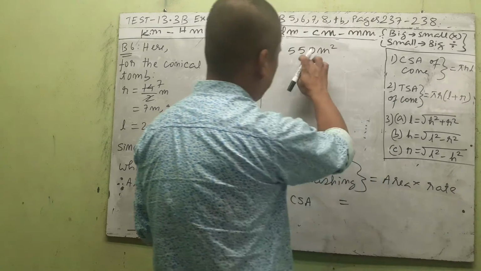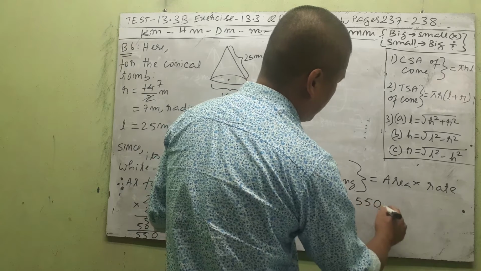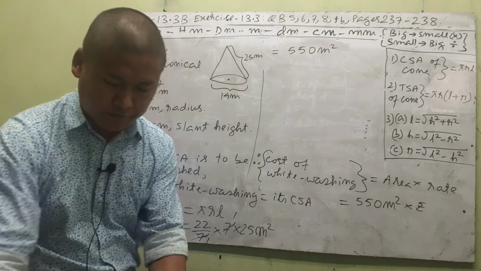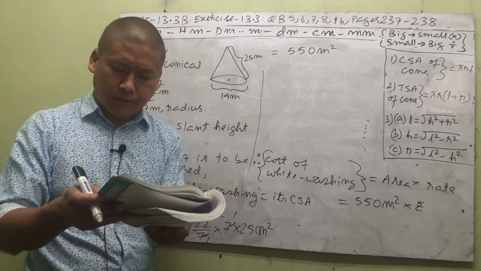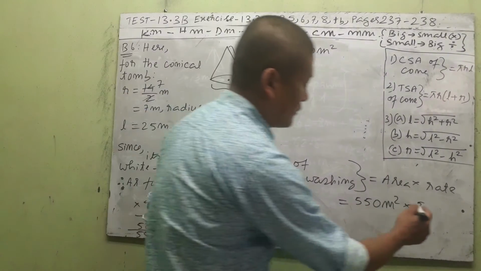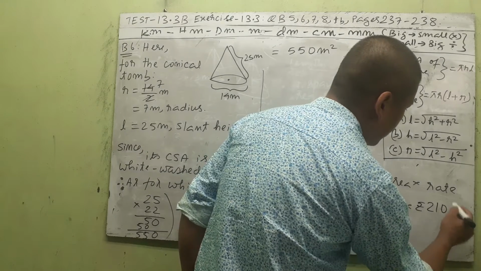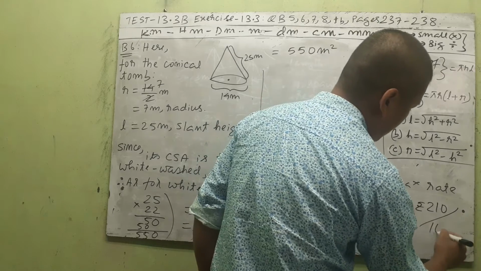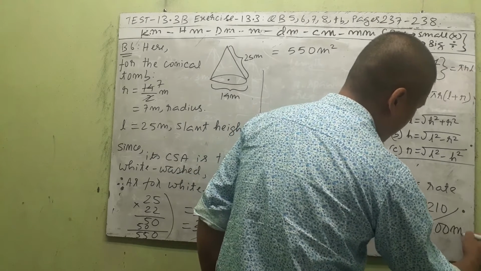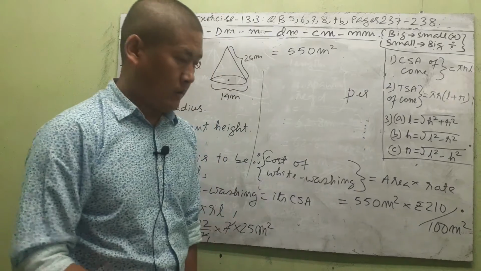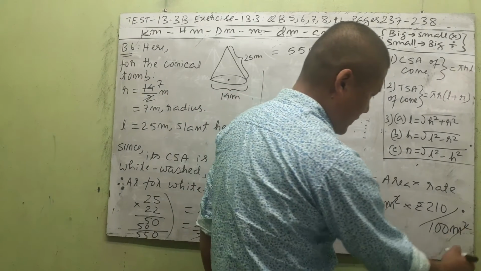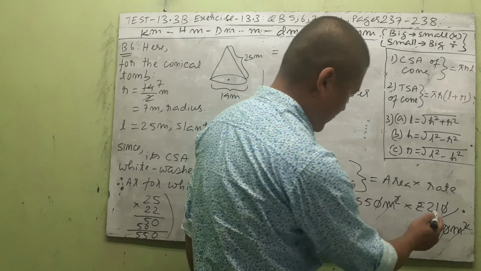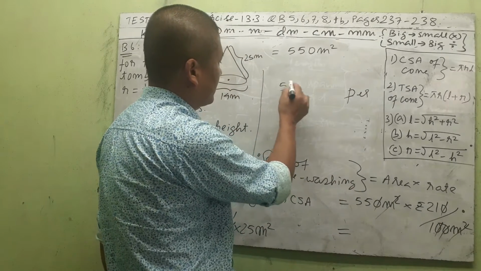So the area for whitewashing we got 550 meters square, and the rate, going to the question, is rupees 210 per 100 meters square. The word per means divided by, so 100 meters square in the denominator. That way we can cancel meter square and meter square. Then 1, 0, another 0 here. So we're left with 21 into 55.